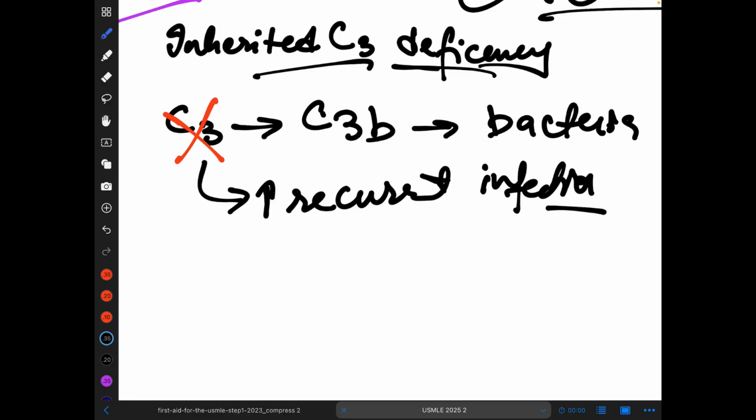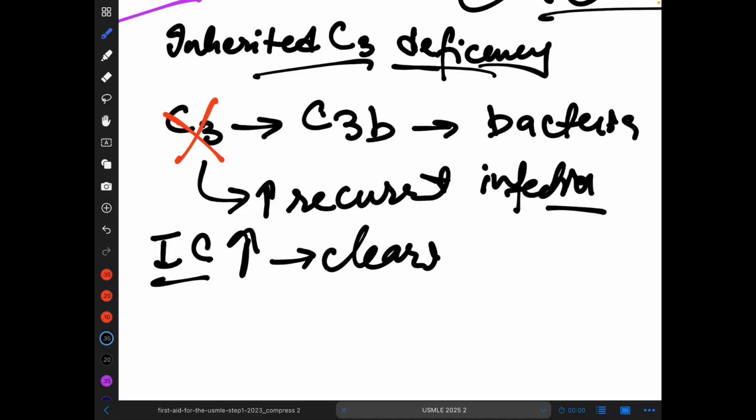Most common are encapsulated bacteria like pneumococcus, with pneumonia beginning in infancy. Immune complex deposition also occurs. Immune complexes are cleared when they bind complement, and macrophages have complement receptors.